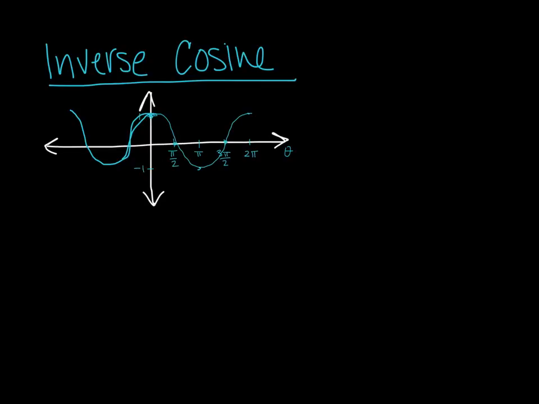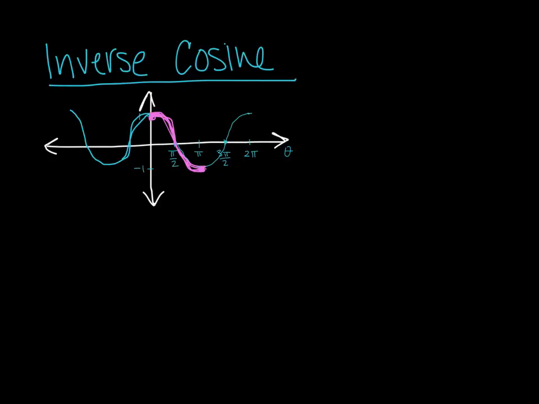We have to use a different piece of it. And in fact, the most natural piece to use is the interval from 0 to pi. And so it's this little subsection.